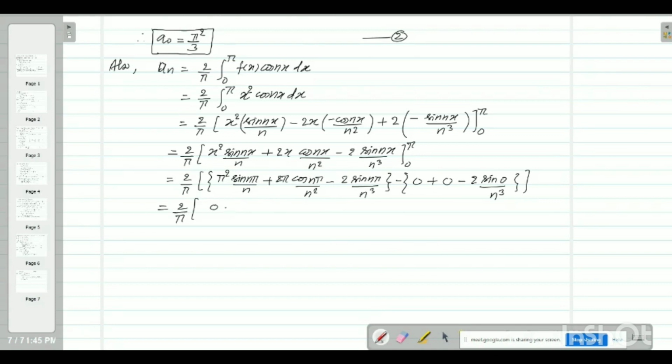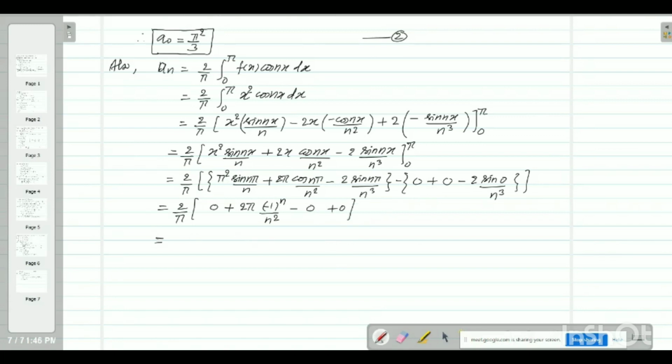First term, plus 2 pi as it is, cos n pi is minus 1 raised to n by n square, and minus sine of a multiple of pi is 0. And sine 0 is 0, minus minus is plus.